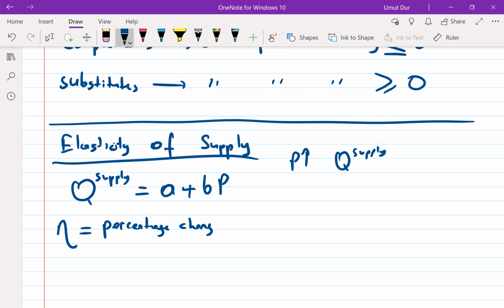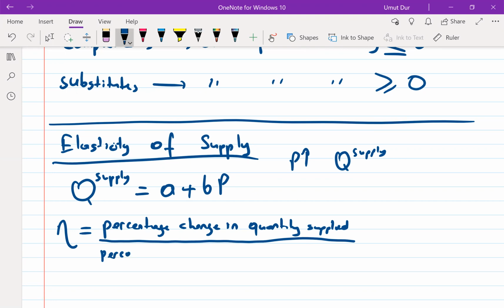percentage change in quantity supplied divided by percentage change in price.